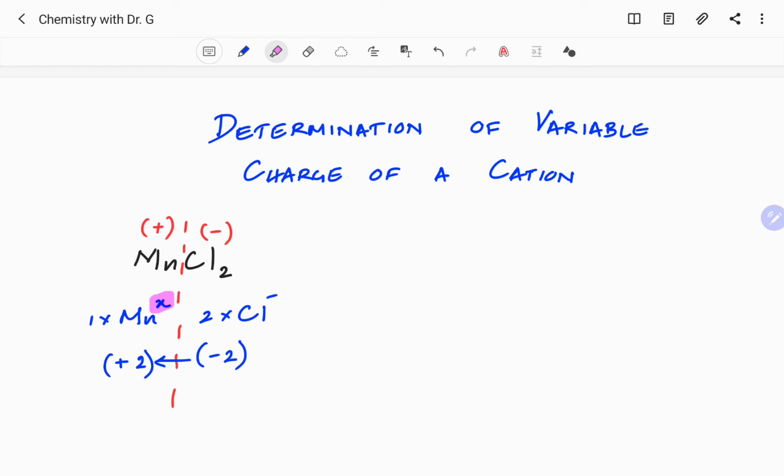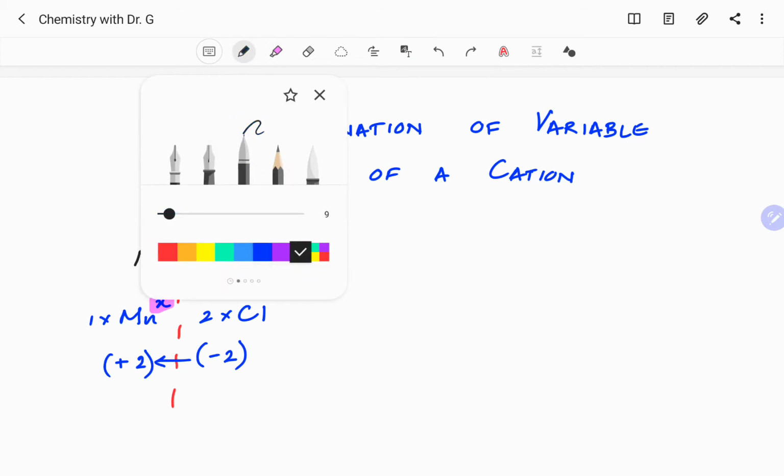And we know that this manganese will provide only a +2 charge because it should be equal and opposite to the negative side, right? So you have only one manganese, so the manganese charge will be what? Manganese charge will be +2, okay. This is how you do the math if you want to do it in detail.